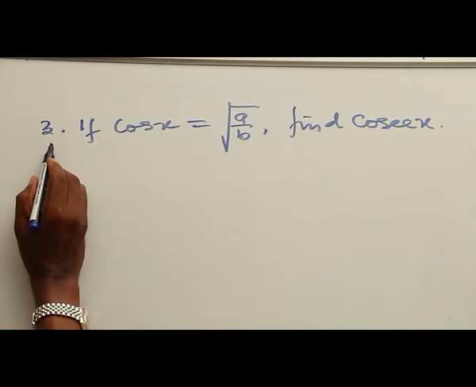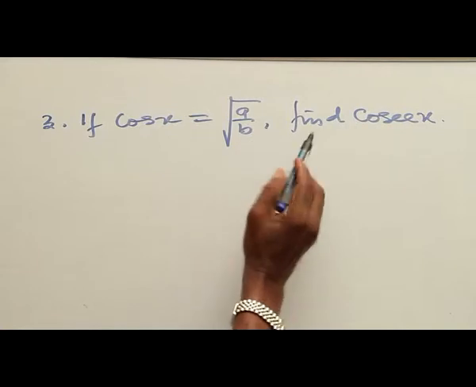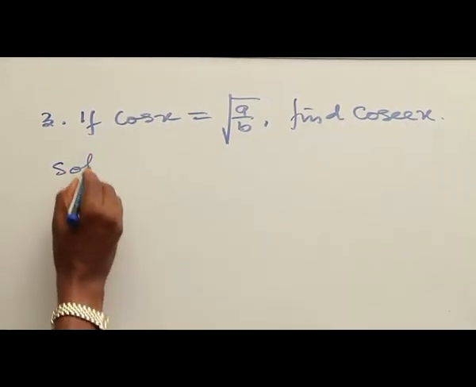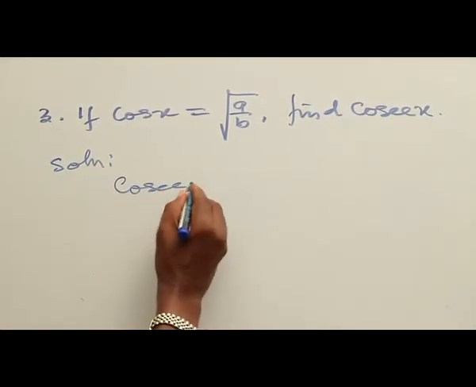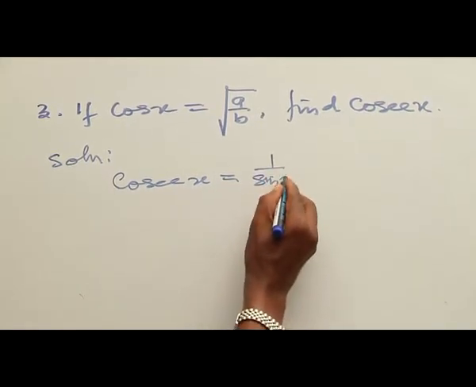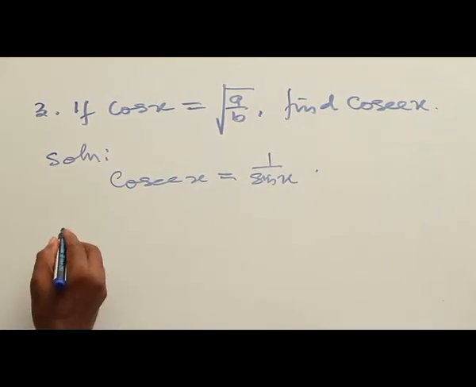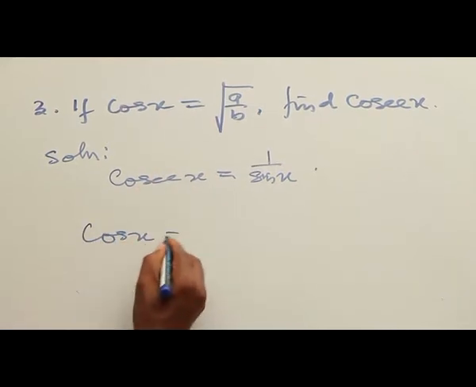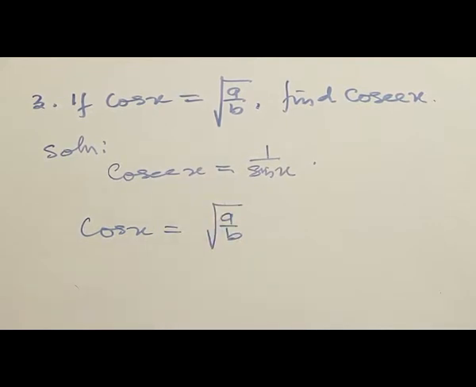Example number 3. If cos S is equal to the square root of A all over B, find cosec S. Solution. Recall that cosec S is actually equal to 1 all over sin S. Now, cos S is equal to A all over B under square root.